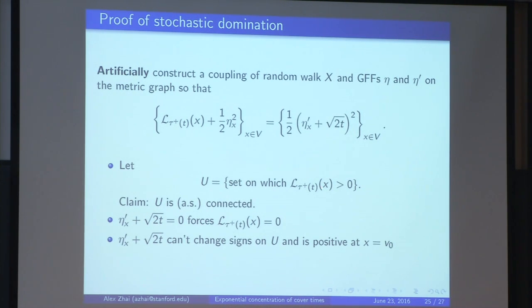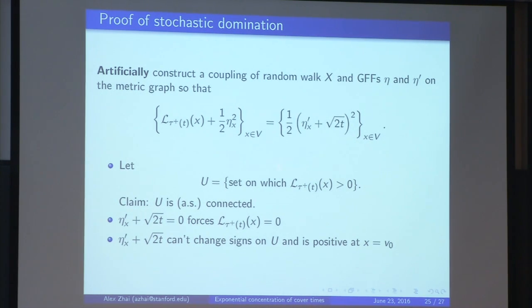But that's impossible because U is the set on which local times are positive. So this can't change signs on U, and it's positive at v naught, and U of course contains v naught. So it follows that this quantity is positive on all of U, which is exactly the thing we wanted to guarantee.